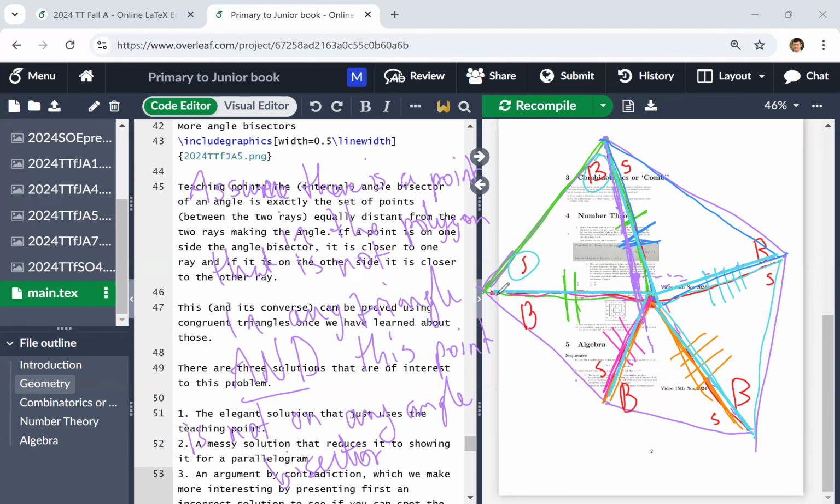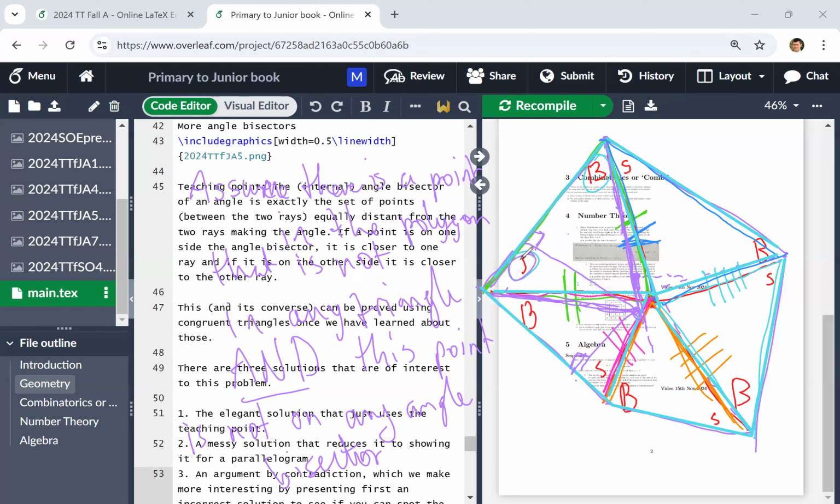And if it's smaller, the angle bisector is on the outside. Does that make sense? So what that means is it's closer to this side than it is to this side, right?